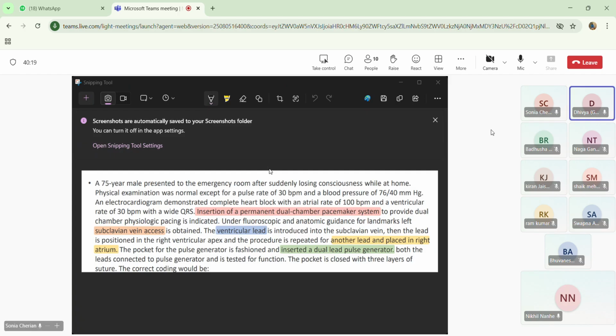Dual chamber. Correct. What are the leads they're placing if it is dual chamber? Right atrium and right ventricle. So they are placing two leads in the two chambers, which is why we call it dual chamber. And they have also created the pocket for placing the pulse generator. So now you got it, how to look at the points.